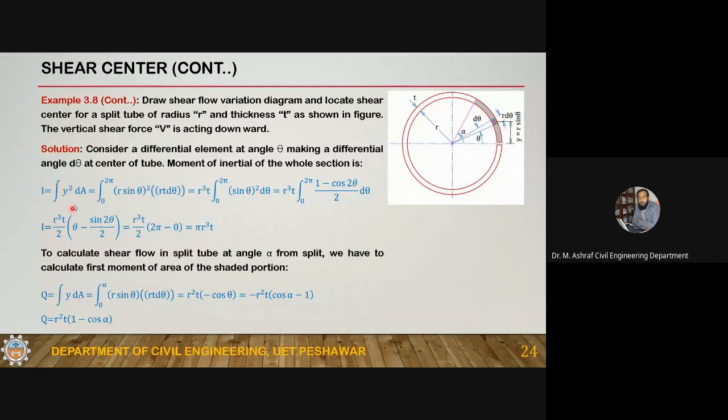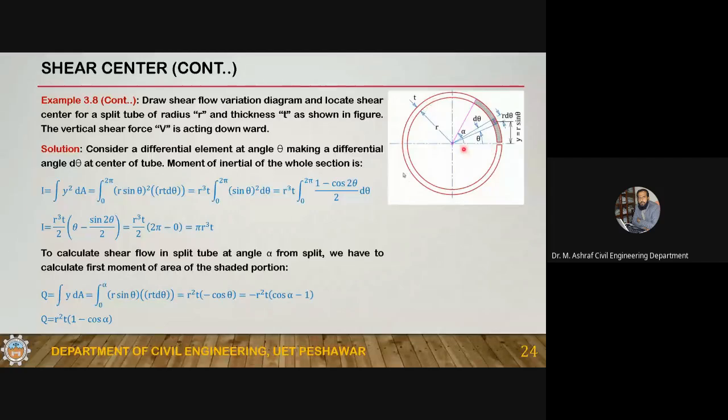So I is equal to the integral of y squared dA, and this is y. This is the neutral axis, and this is y. This is r, this is theta. So y is equal to r sine theta. So y squared, as per the definition of I z, is the integral of y squared dA. So I is calculated for the whole cross section.